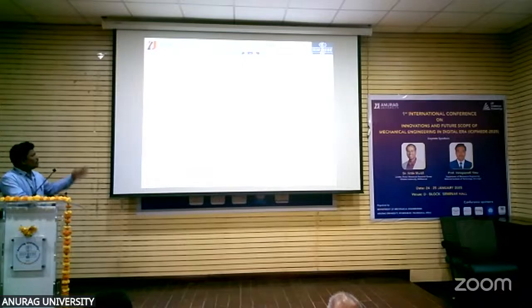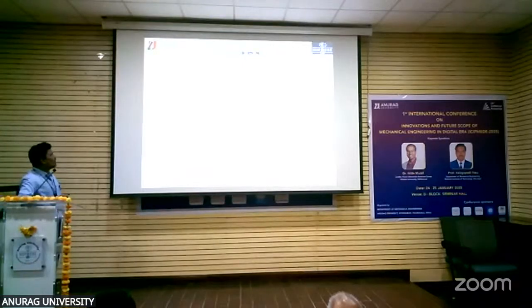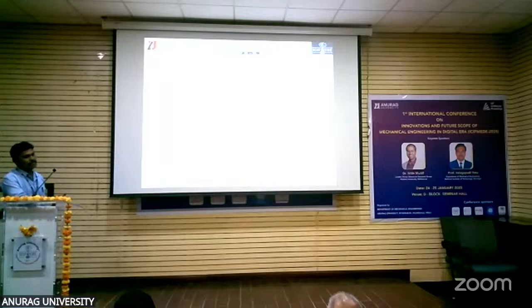The operational elements are the same for both materials: voltage, current, pulse on time, pulse off time. The responses are surface roughness, tool wear rate, and material removal rate. The Taguchi method is used to optimize the solutions.